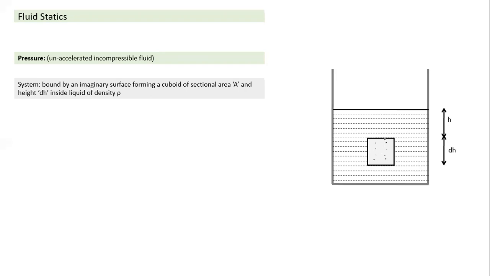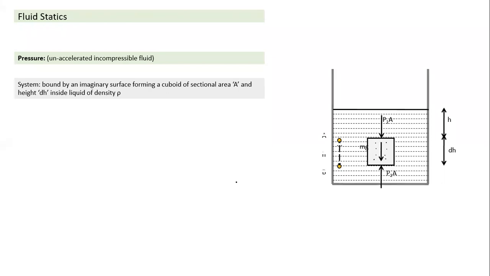If it remains in equilibrium, and I consider this equilibrium alone, the contact force exerted by the surrounding liquid can be calculated. If we equate the force in the vertical direction to be 0, in the horizontal direction, yes, because of symmetry, the forces will cancel out. In the vertical direction, the forces acting are the pressure at the top surface, the pressure at the bottom surface, and the weight. Since it is in the same horizontal plane, the pressure is constant, so I can take pressure into the entire area.